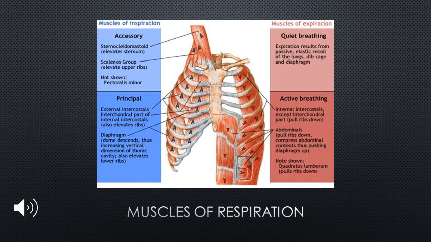And the darker red lower right box is when you're forcefully pushing air out. You're using a lot of the same muscles you use when you breathe in, with a few additions. But anyhow, the upper left light blue box is your accessory muscles. Normally you just use those to help out when you're breathing in. But if you can't use your muscles normally, then your accessory muscles become your prime movers.